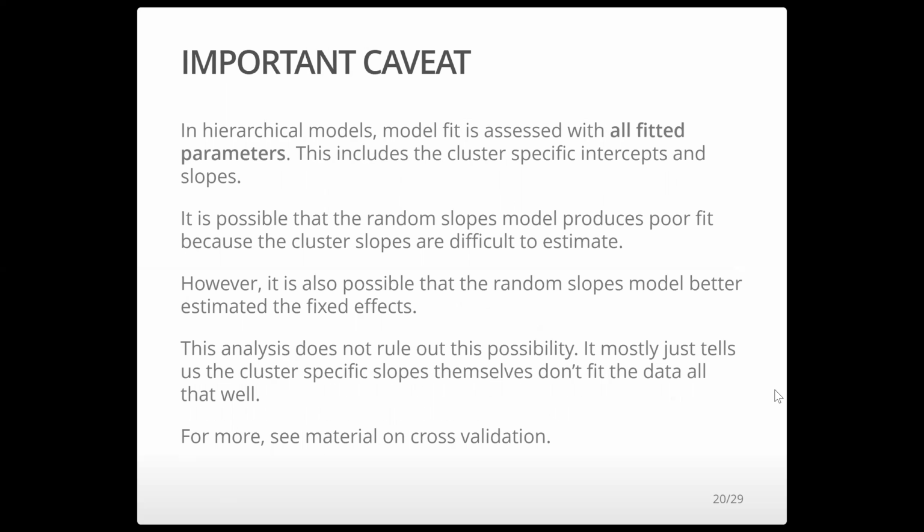It's also possible that the random slopes model produced fixed effects that would have estimated the data better. That's not what this is testing. There are ways to test this using Bayes factors, but they're a little bit convoluted and not very easy to demonstrate quickly here. So this analysis doesn't rule out the possibility that if we really just wanted to best estimate the fixed effects, we should still be using the random slopes model.